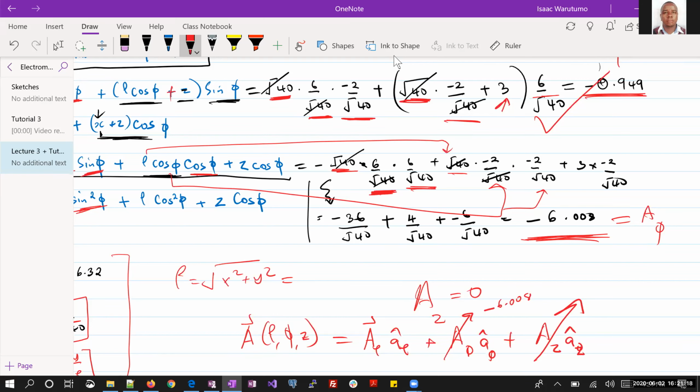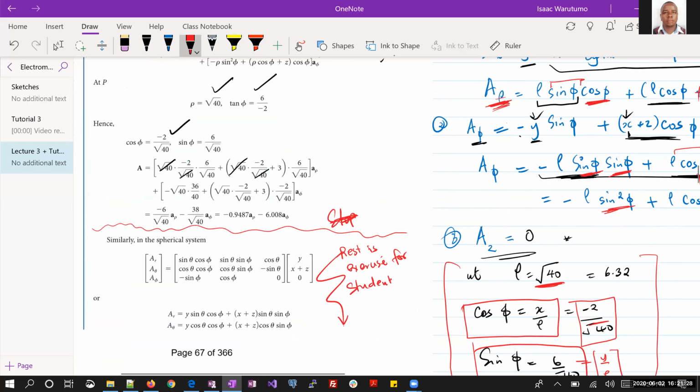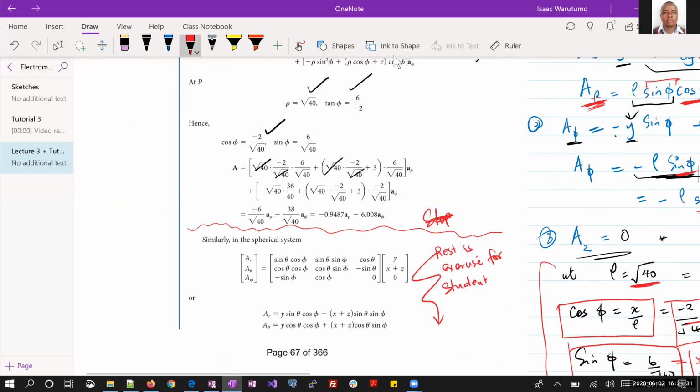And this we have found to be equal to minus 0.949. And therefore, our final answer should be minus 9.48 or minus 9.49, which is this one, and minus 6.008 is this one. And because my AZ is equal to 0, this becomes our final answer.